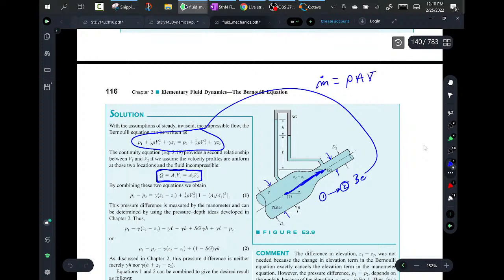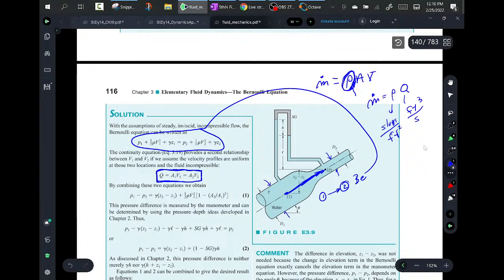Turns out most of the time through this book, there's not going to be a phase change. And we're thinking mostly incompressible. So what he does is he recognizes that this is a density times a volumetric flow rate, which usually is listed as just Q, where this could be cubic feet per second, and this would be, in this particular case, slugs per cubic feet.